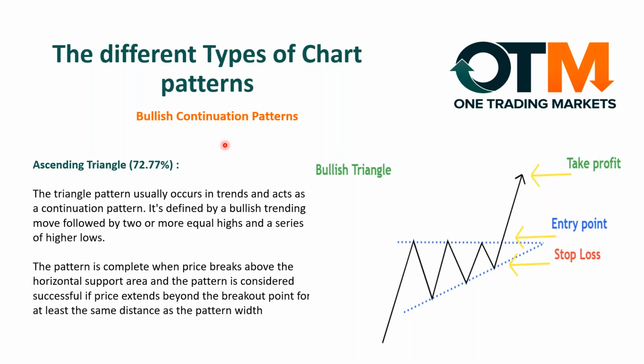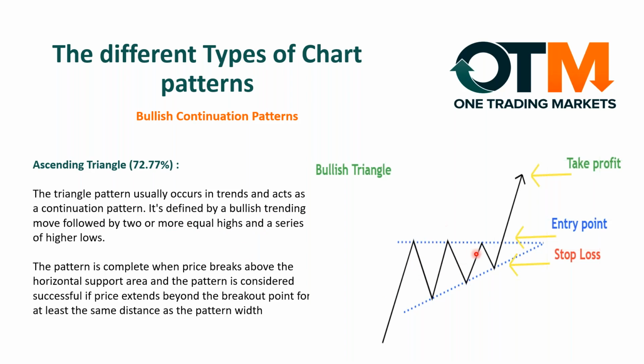Now, an ascending triangle is the opposite of a descending triangle. Notice how the resistance is that straight line, but we are having higher lows. Now, it occurs, like we said, in a trend and acts as a continuation pattern. It's defined by its bullish trending move.